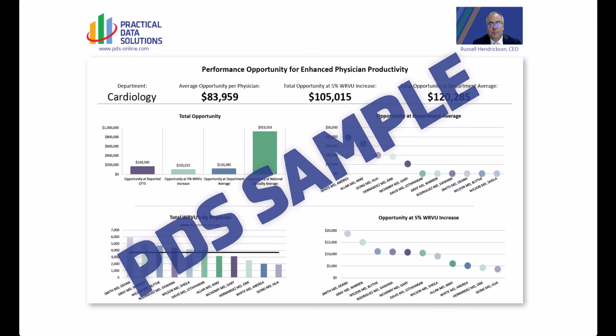The key here is we can say, what if those people below the black line in this bottom left chart were to improve just to the black line, which is the median of the physician performance in this department? By simply doing that, we can project that performance. You'll see that right here in this sample dashboard, where you see total opportunity at department average.